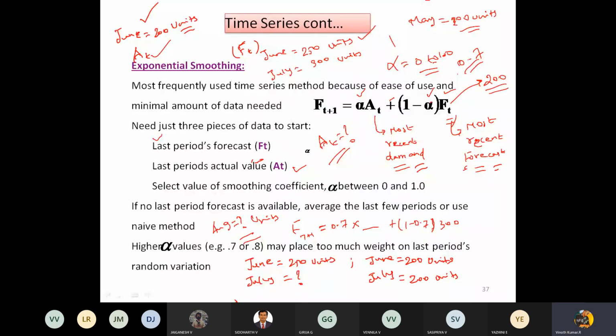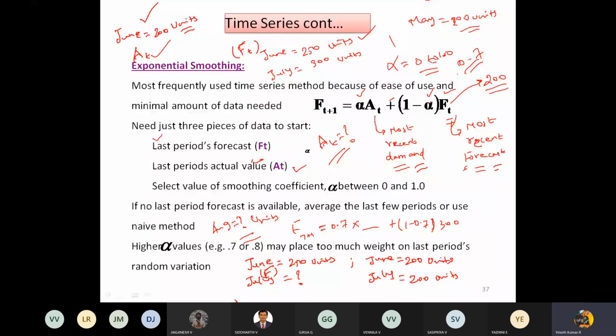I'm repeating again, I think it was not understood. Here you are going to find the forecast value in the month of July, right? The data available is the June forecast value of 250 units, so I mark it as F, the forecasting value in the month of June, my calculated value.